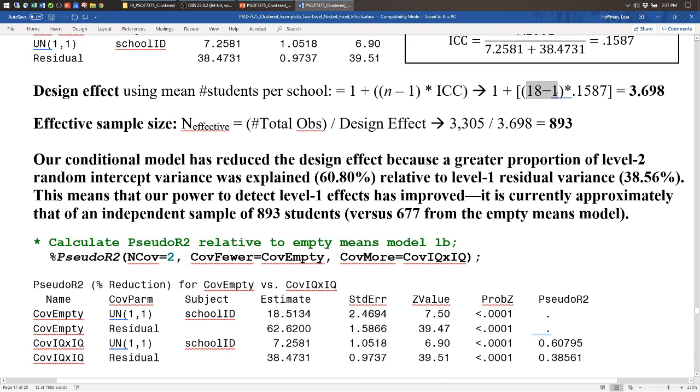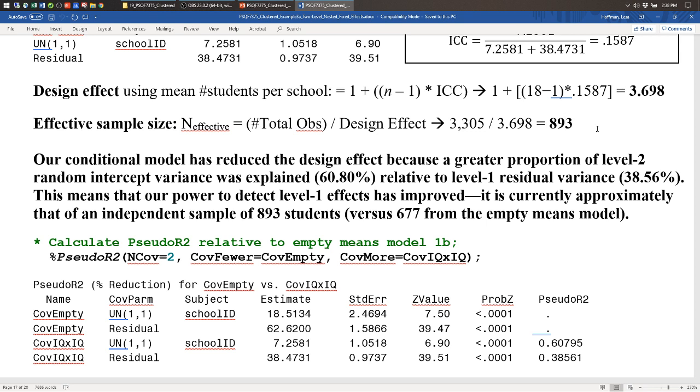So if I use the average number of students per school minus 1 times my new conditional intraclass correlation, add 1 to that, I end up with a design effect that's 3.7. An effective sample size of my actual sample size divided by that design effect works out to be 893. So according to the empty model, we had an effective sample size of 677.